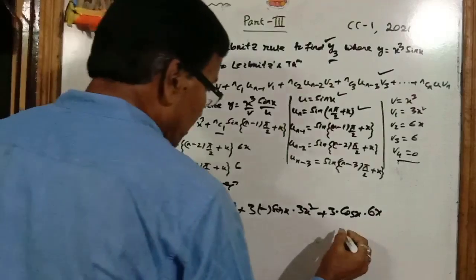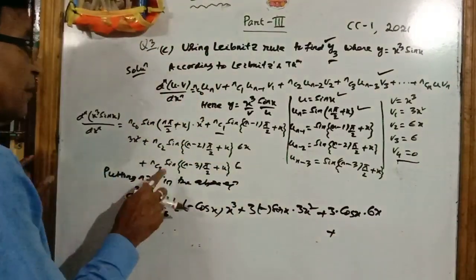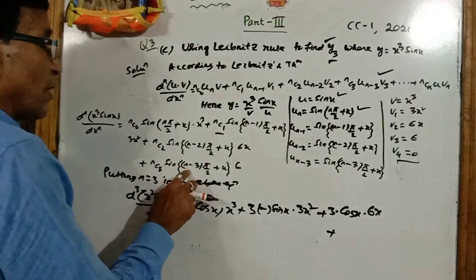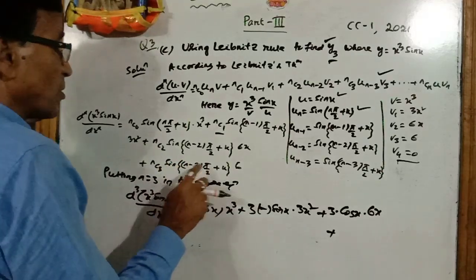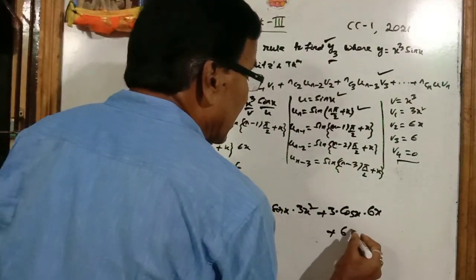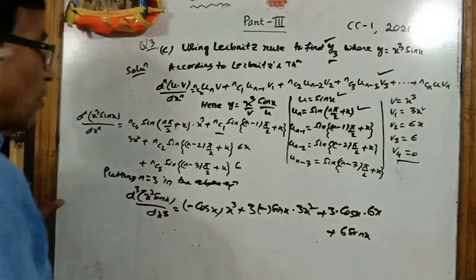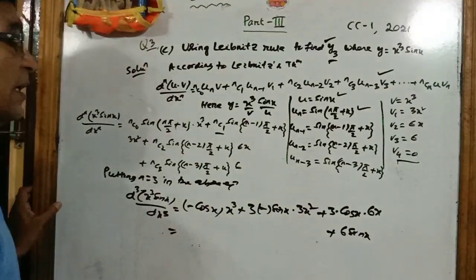Next term is plus 3C3, whose value is 1, so putting n is equal to 3, it becomes sin x into 6, so it is 6 sin x. Now on further simplifying, what are we getting?